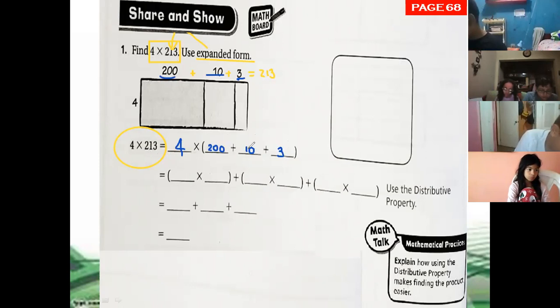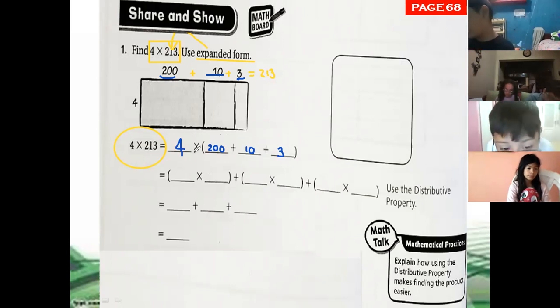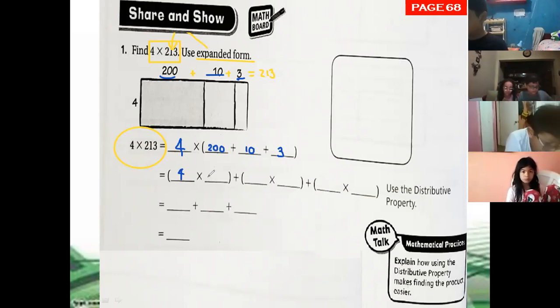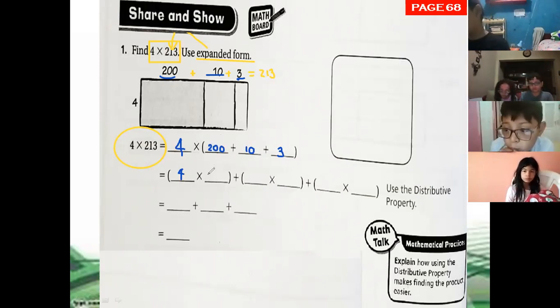I already wrote it like this. This isn't the way that I had to do it. Why? Because right now, inside the parentheses, they are an addition. But now I'm going to write it individually. 4 times, what is my first number?